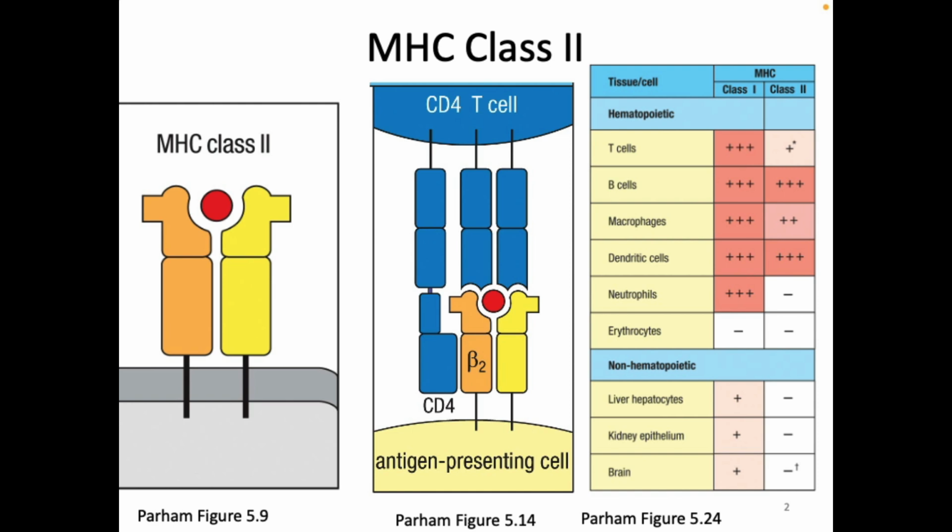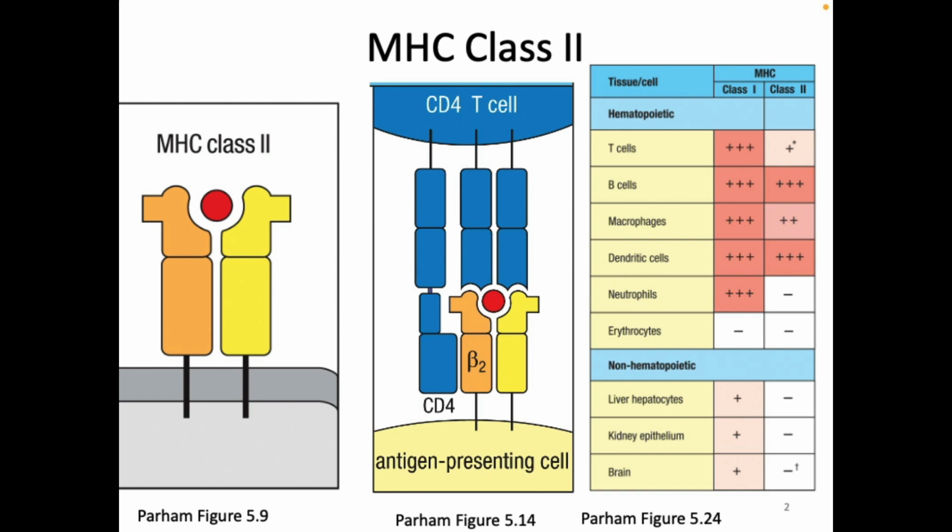But what is the second issue that you can imagine with those 3 types of cells, who are the only 3 cells in your body that can do phagocytosis, and this information about MHC Class II? Yeah, David. B cells don't perform phagocytosis, but they do MHC Class II.